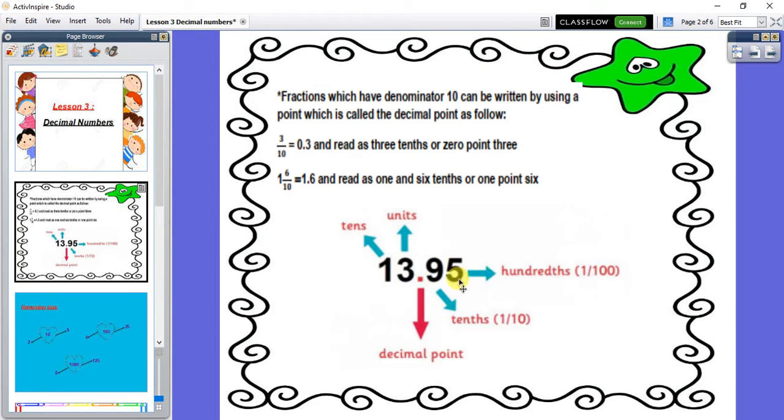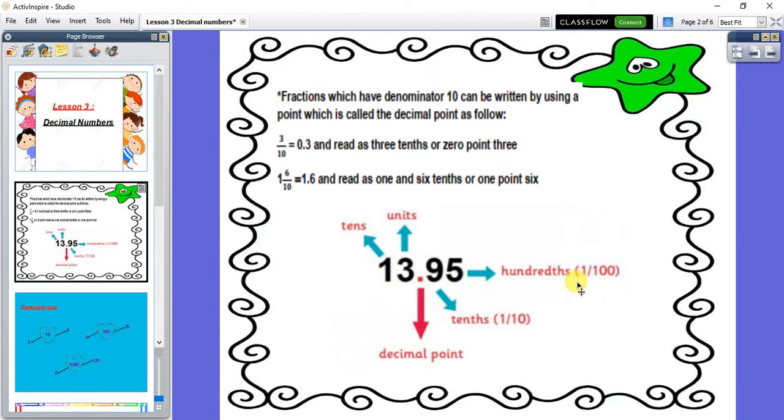After the decimal point is the decimal part. The 9's place value is tenths. Tenths means 1 over 10. The place value of 5 is hundredths. You see the difference? THS means it is in the decimal part after the decimal point. Hundredths means 1 over 100.